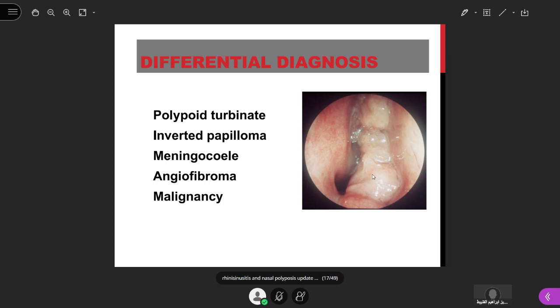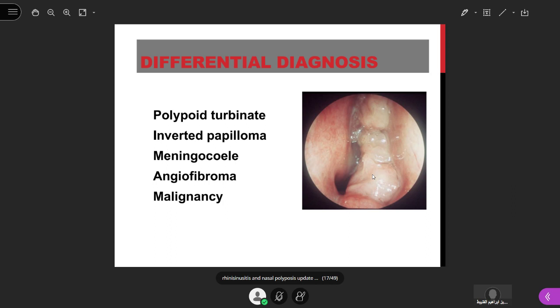Generally speaking, malignancy of the nose and nasal sinuses is less common. But for the differential diagnosis of nasal tumors, the top differential diagnosis is nasal polyposis. Then we have the polypoid turbinate, inverted papilloma, meningocele, angiofibroma, and malignancy. However, how you stratify the differential diagnosis depends on the patient's complaint and scenario.